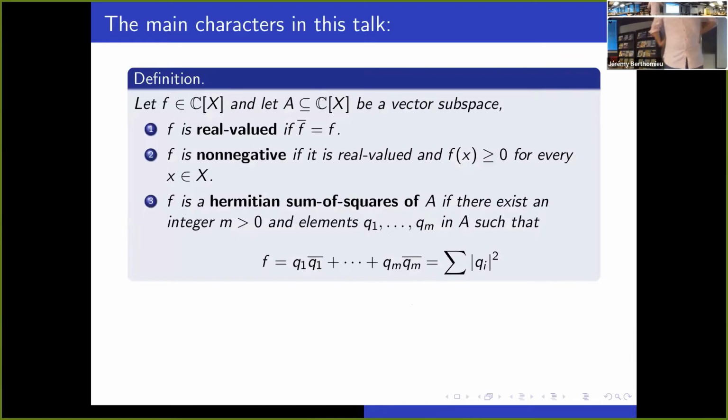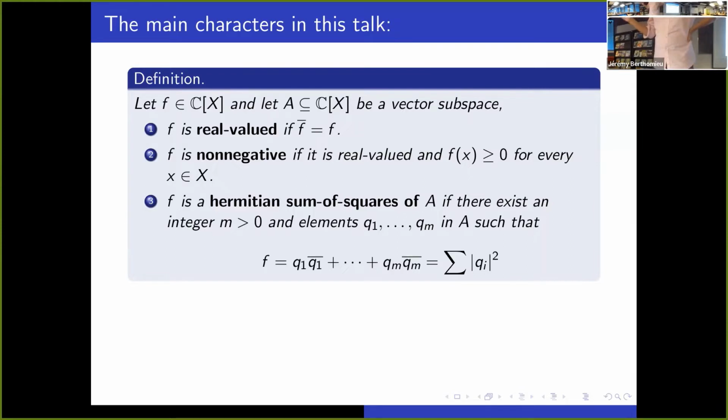So I will introduce some main characters of this talk. Let f be a function, a polynomial of the coordinate ring of X, and let A be a vector subspace of the coordinate ring of X. We say that f is real valued if the conjugate of f is equal to f. We say that f is non-negative if it is real valued, and for all x in X, f of x is greater or equal to 0.